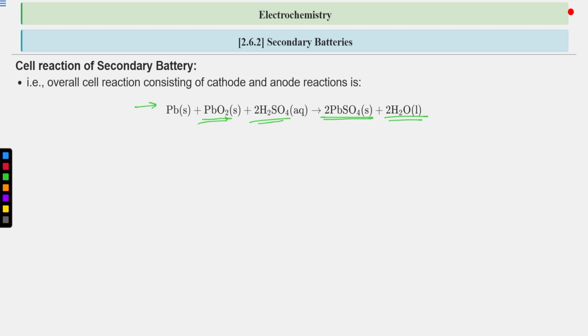So this is the overall cell reaction which we get from the individual electrode reactions of cathode and the anode respectively.